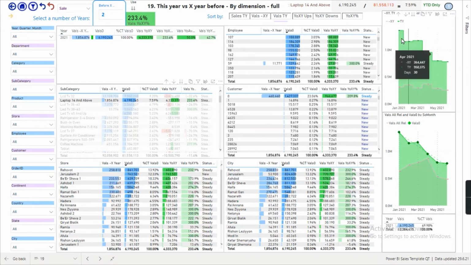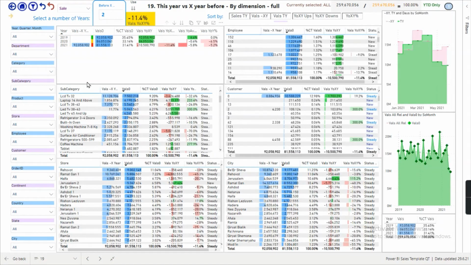But it's starting to decrease. Okay, the year before, year 20, was better, I think. It's starting to decrease. That's enough for laptops.